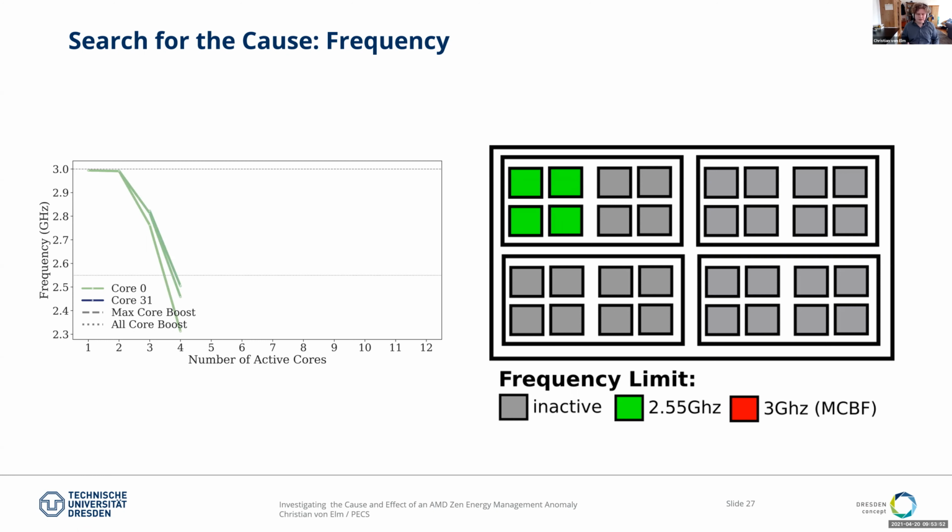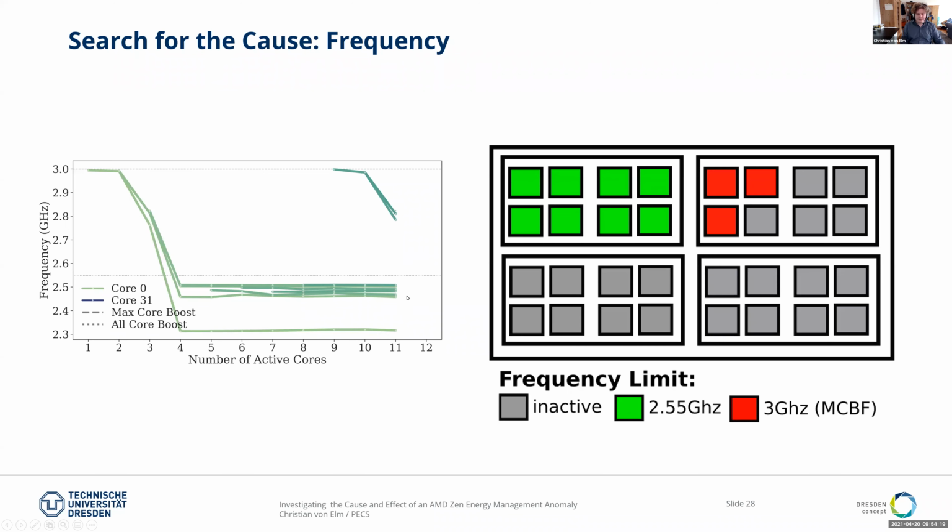The now 4 cores are active, which means that the frequency limit is now just the all-core boost frequency of 2.55 gigahertz, and that is clearly shown in our measured frequencies as well, because the core frequencies drop below the 2.55 gigahertz line. And this also happens when cores in the next NUMA node become active.